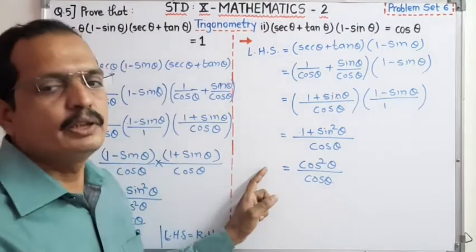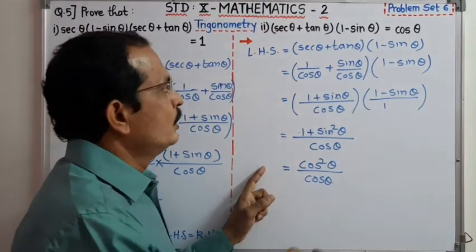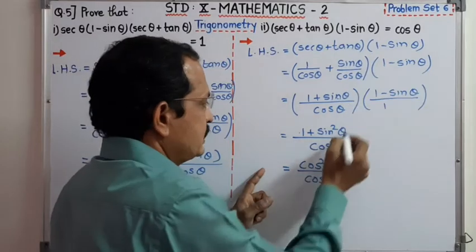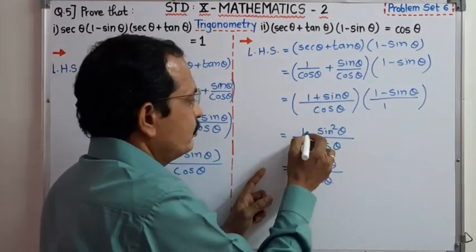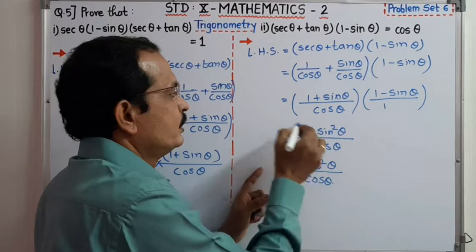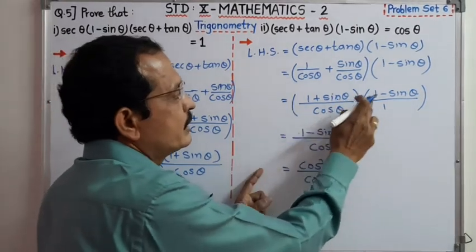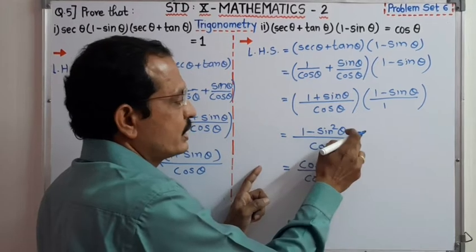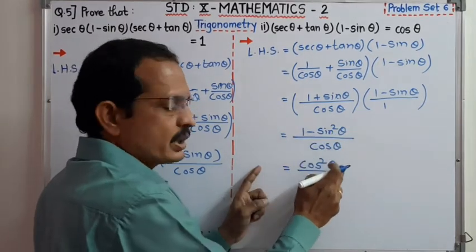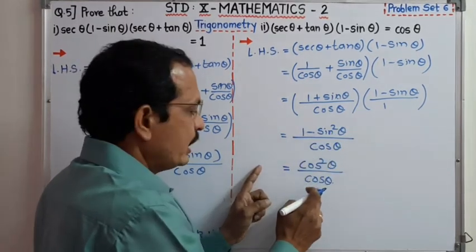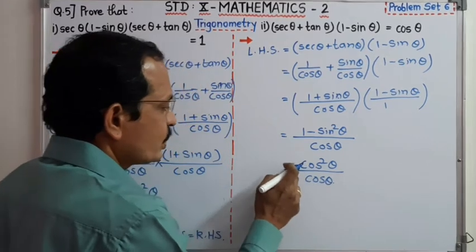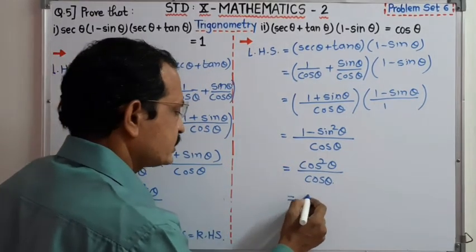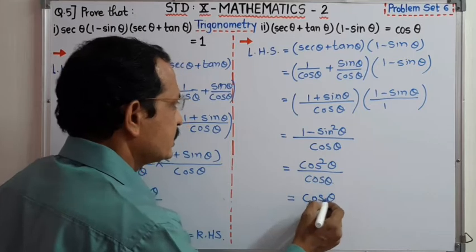Now see dear student, here it is 1 minus sin square theta. Got it? (1 plus sin theta) into (1 minus sin theta) is 1 square minus sin square theta, and 1 minus sin square theta is equal to cos square theta. And here this cos theta and one cos theta get cancelled, only cos theta remains.